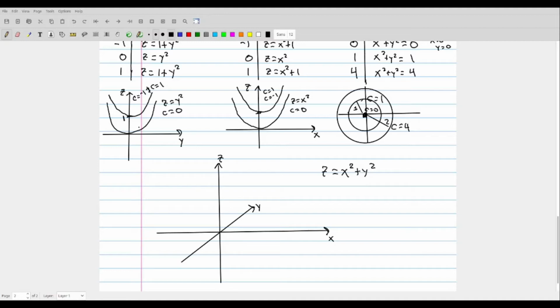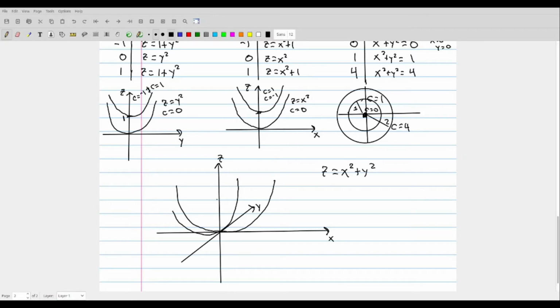Along the fixed value of x equals 0, we have this parabola right here, kind of opening up along the x-axis. When y is fixed at 0, you have a parabola that opens like this along the y-axis. It's this parabola right here.